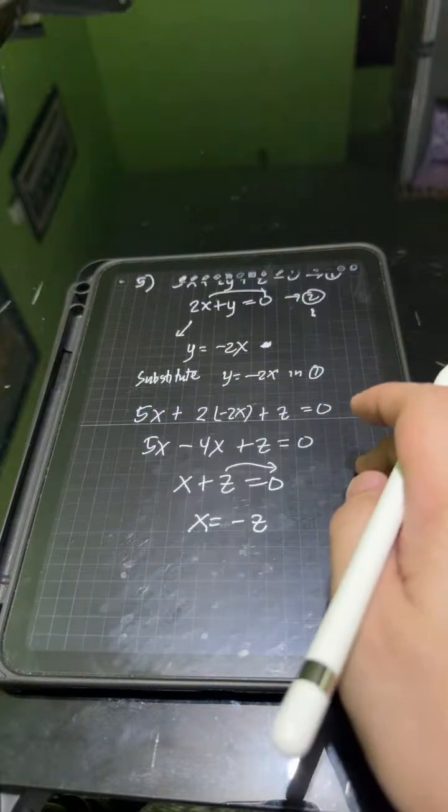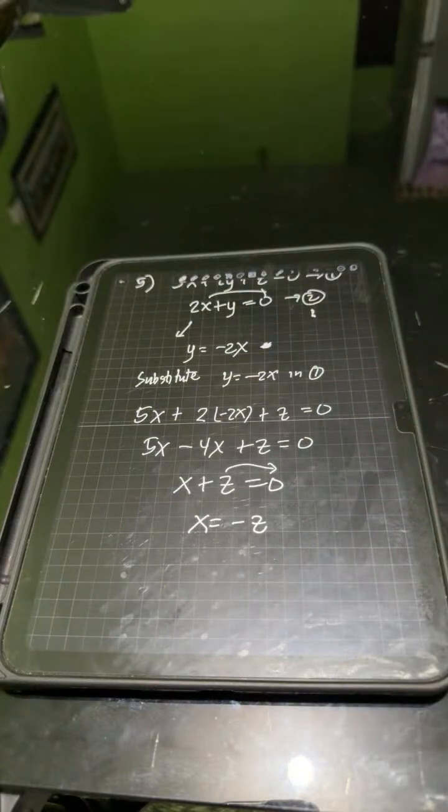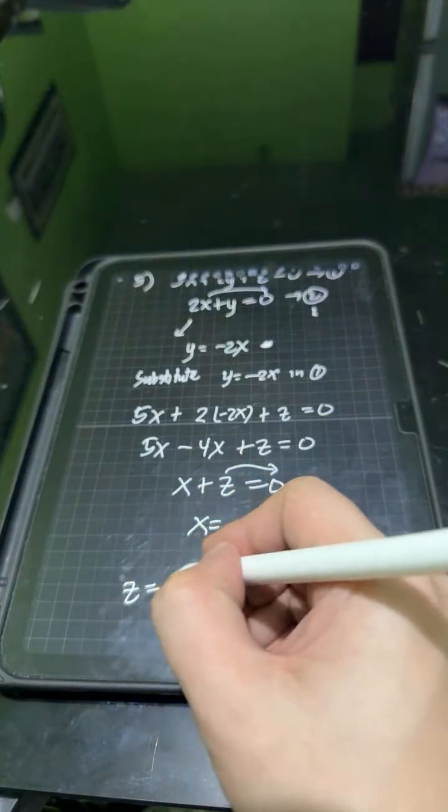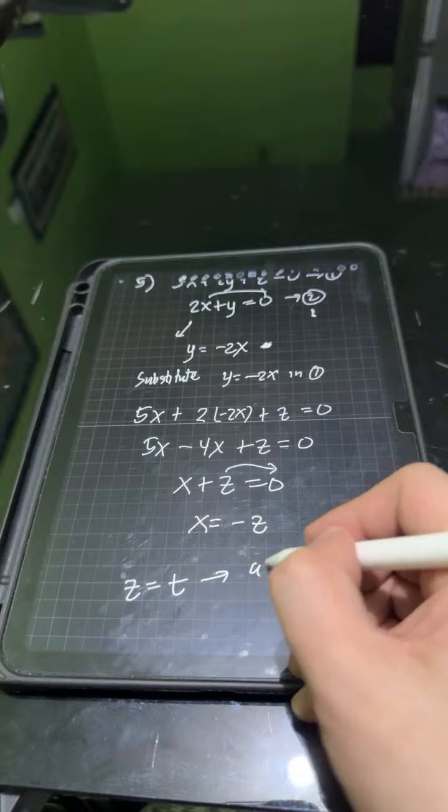So, if we set a parameter, let's say z is equal to t, t is a parameter.